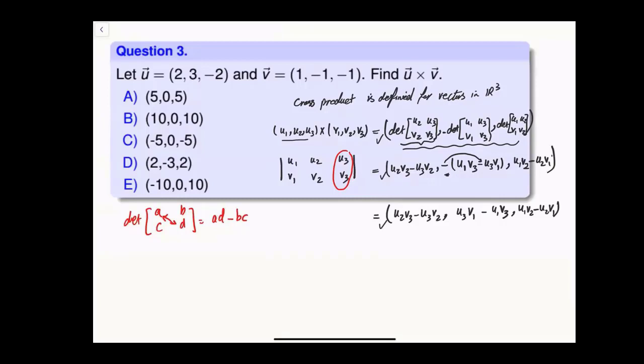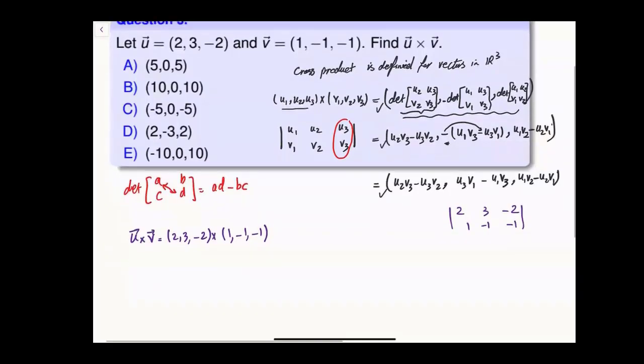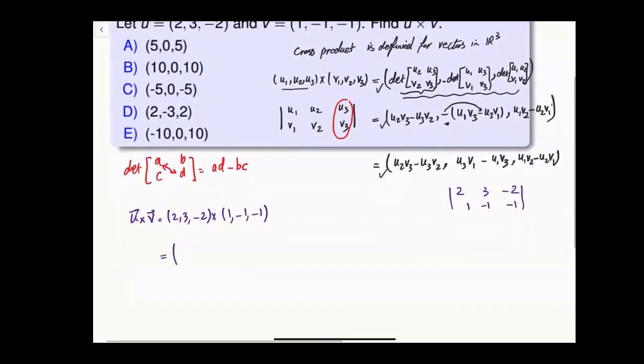So let's now do this U cross V for our case. So 2, 3, negative 2 cross 1, negative 1, negative 1. So I write 2, 3, negative 2, 1, negative 1, negative 1. Okay. The first one is the determinant of, you cover the first column.